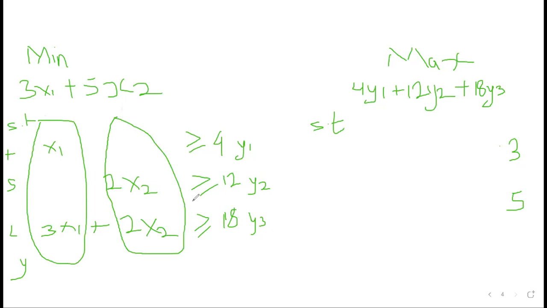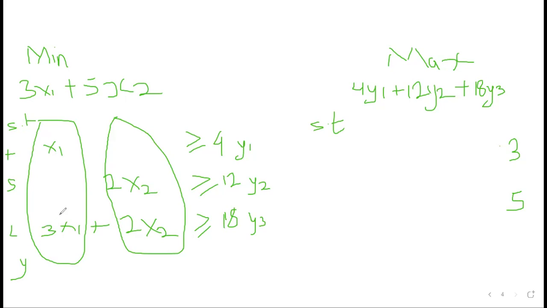So we're going to have, instead of x1 plus 3x2, what would we have? We said the y's are replacing the x's. So looking at the y's here, what would we have? y1 plus 3y3.